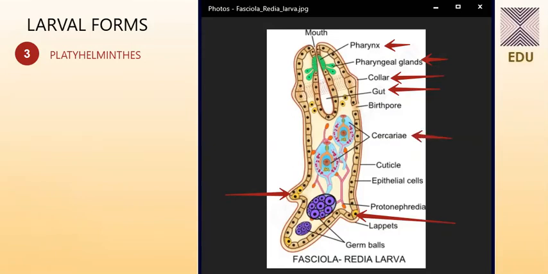You can see two cercaria larvae present inside the body of this Radia, and this Radia larva has a birth pore. Whenever the cercaria larvae are fully developed inside the body of the Radia, they will come out of this birth pore, and as you can see, they have a tail. So Radial larva will be forming the cercaria larvae.